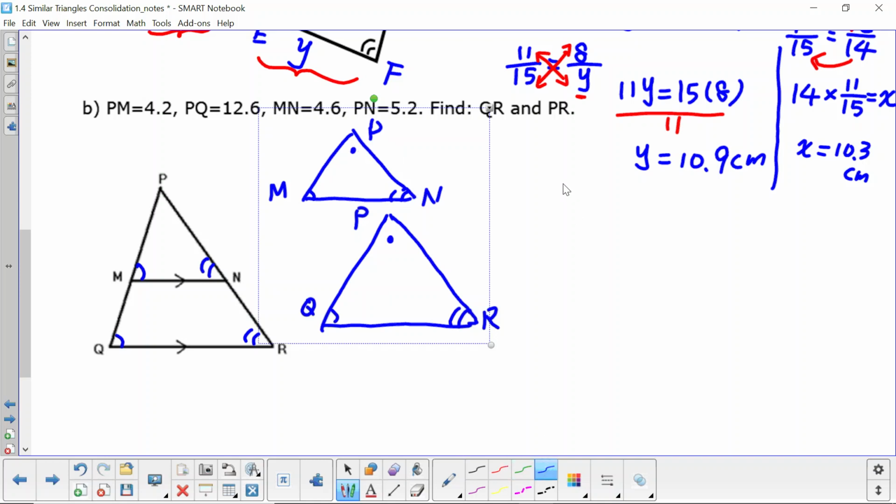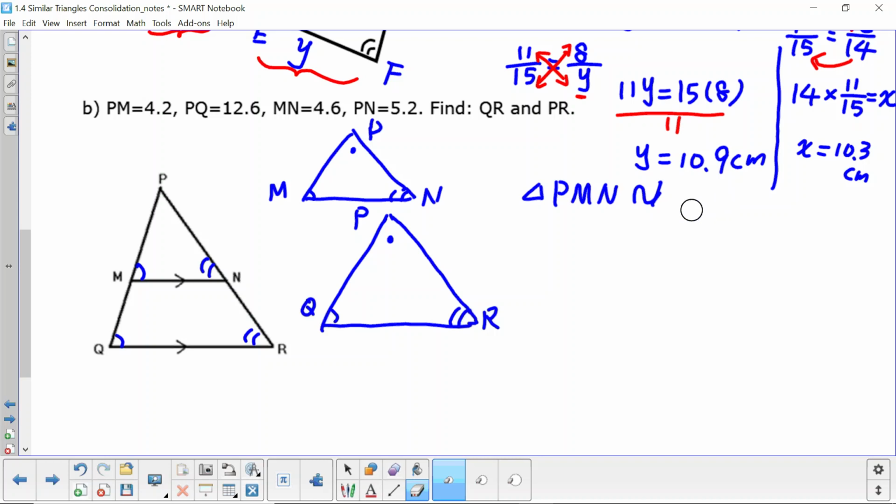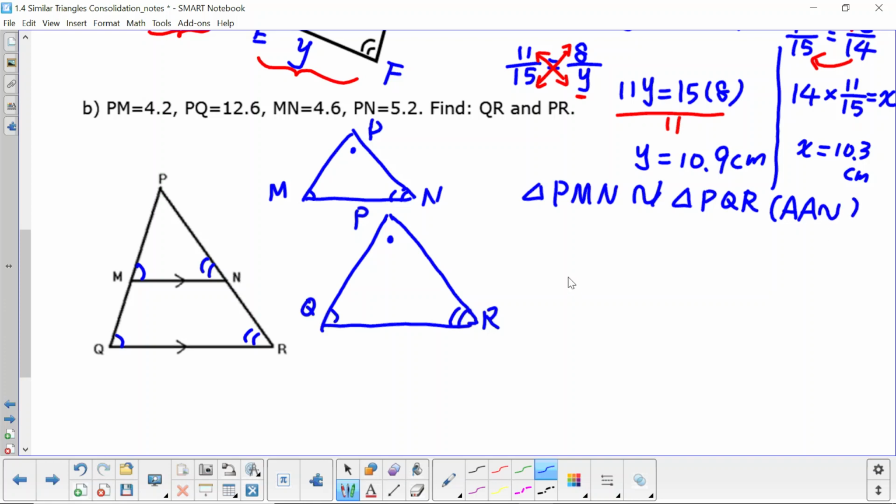Then we write the two triangles similar will be PMN similar to PQR, P corresponding to P, M corresponding to Q, N corresponding to R. Then you have these two triangles are similar. And how we get this conclusion because corresponding angles are equal, so it's angle similarity.